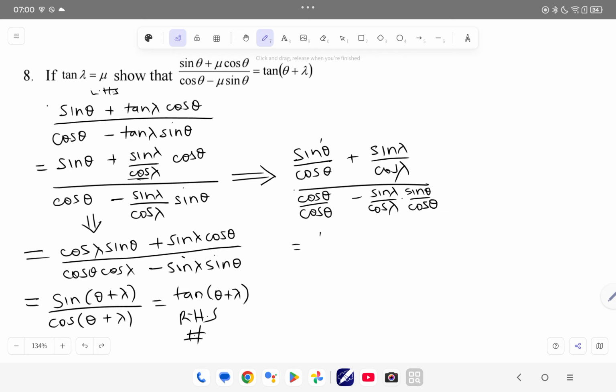Sin over cos is tan theta. Sin over cos is tan lambda. Cos over cos is 1. Sin over cos is tan lambda. Sin over cos is tan theta.